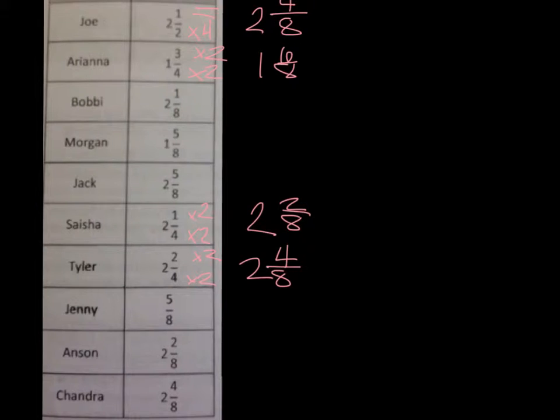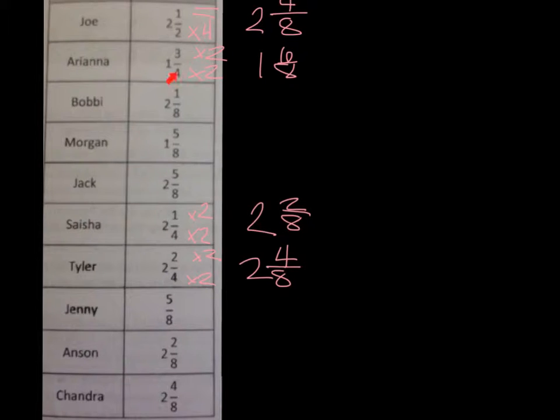Looking at your table, we can convert all of our fractions that don't already have a denominator of 8 by finding a common denominator. To get from 2 to 8, we need to multiply by 4. So we have to do the same thing to our numerator. So we take 1 times 4 equals 4. Our new number is 2 4/8.